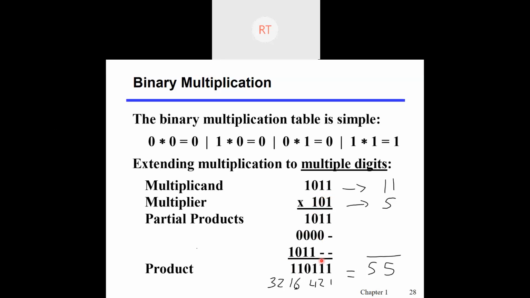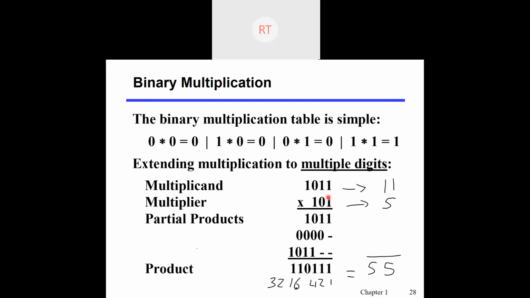I draw a line and I add these three answers, I get the following. How do I add? It is 1 plus 0, 0, 1. 1 plus 0 is a 1. 0 plus 0 plus 1 is a 1. And 1 plus 0 plus 1 is a 2. So it's going to be 0, carry 1. 1 plus 0, 0 is a 1. And 1 plus 1 is a 1. Oh, yes, I understand it. Okay, thanks. So you go one digit at a time.